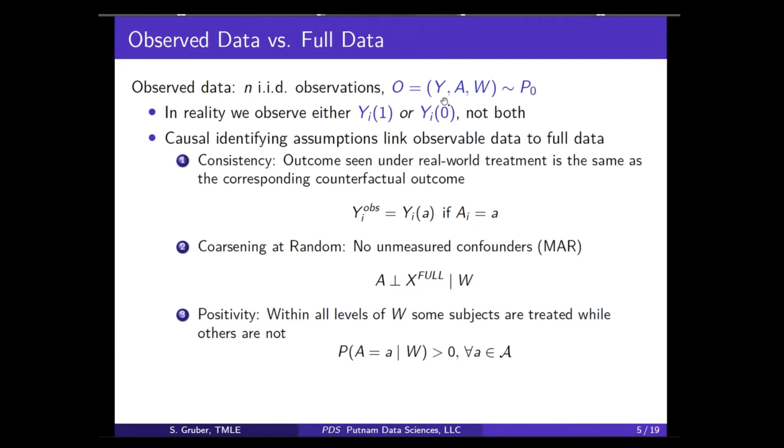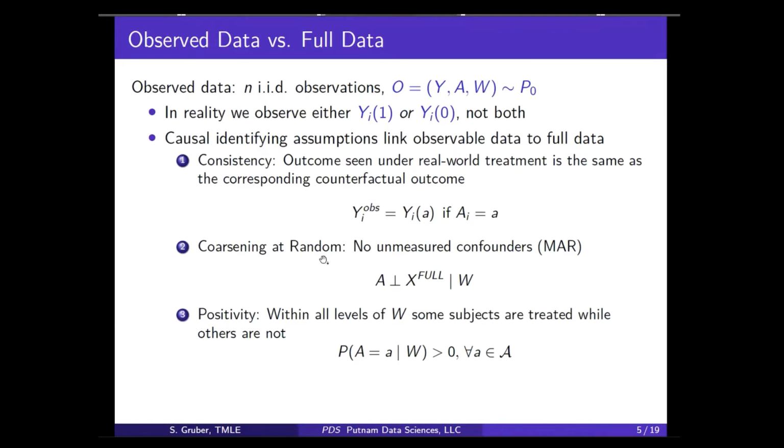And if you have enough information in the Ws that you've collected, then this is not a problem, and we can handle this with TMLE. If you just pretend that the Y you observed is the Y you meant to observe, then you are going to get a biased estimate of the effect of treatment. Okay, so I'll move on.